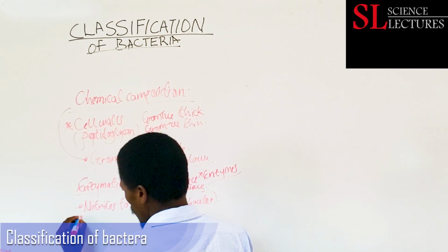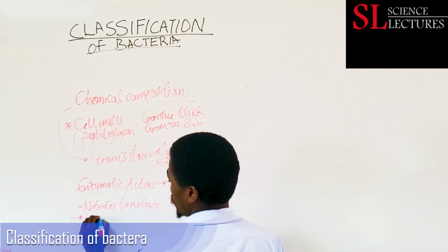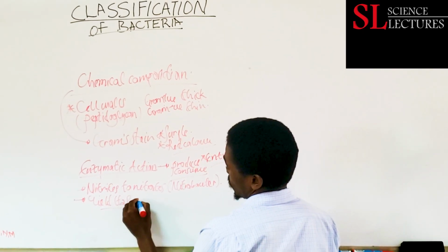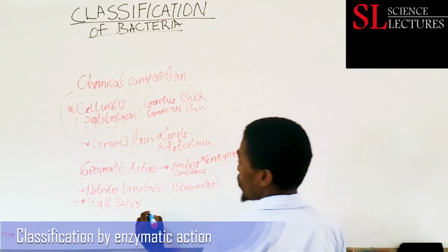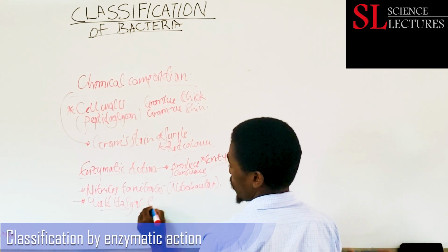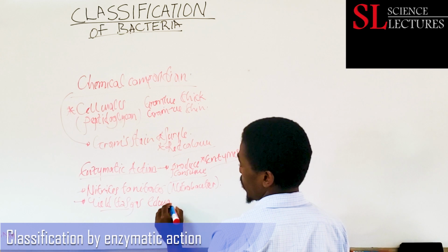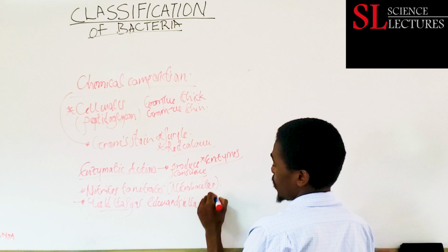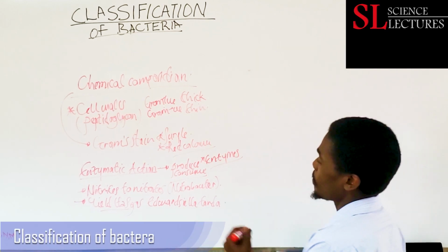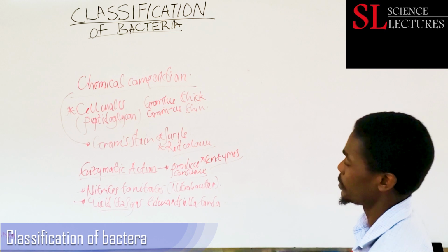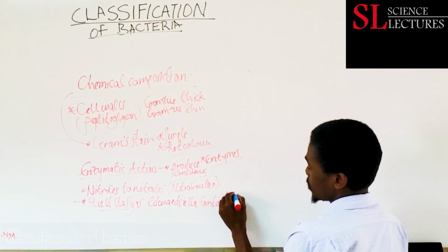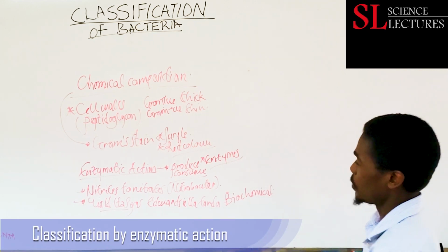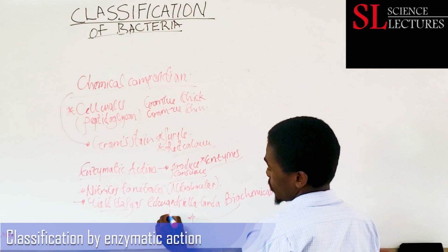However, some bacteria can also yield or produce hydrogen sulfide gas. For example, we can give an example of a bacteria called Edwardsiella tarda. Such a bacteria, if we do biochemical testing or biochemical analysis of it, will yield hydrogen sulfide gas.